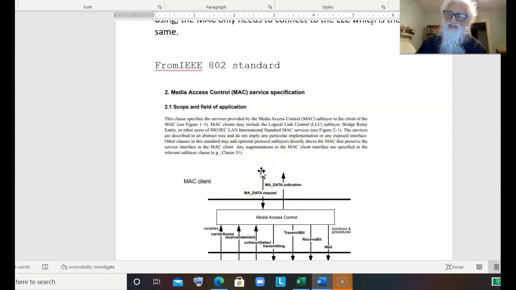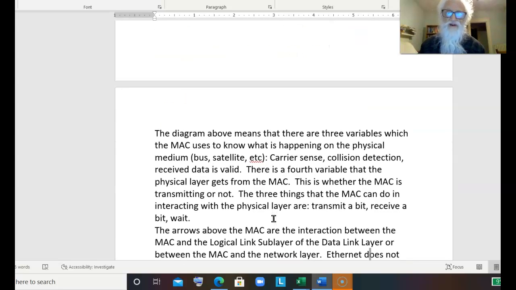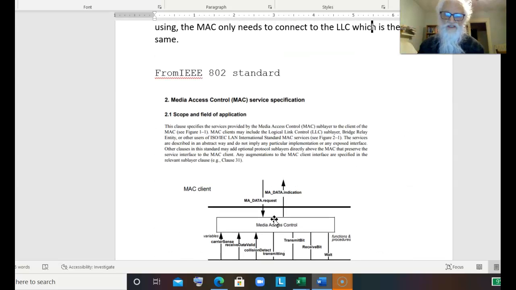So the internet layer has something to send. It's packaged it, ready to send it. It sends it down to the LLC, which interfaces it, does whatever needs to be done to make it look the same in all cases, and sends it down to the media access control. Now, the media access control seems to have some strange things connected below it.